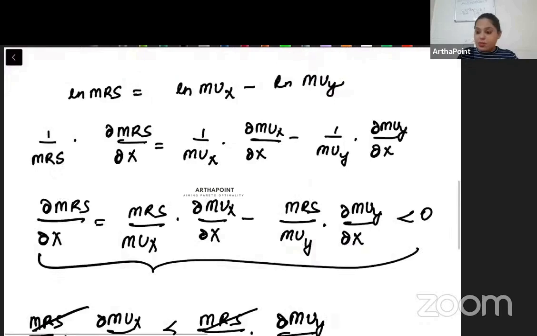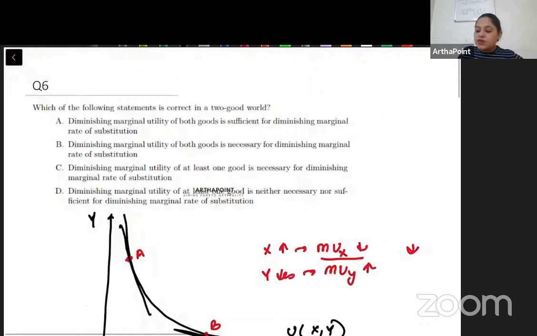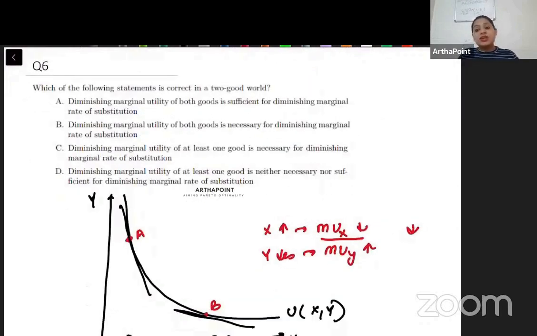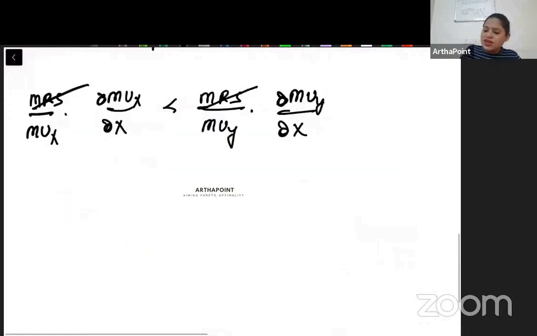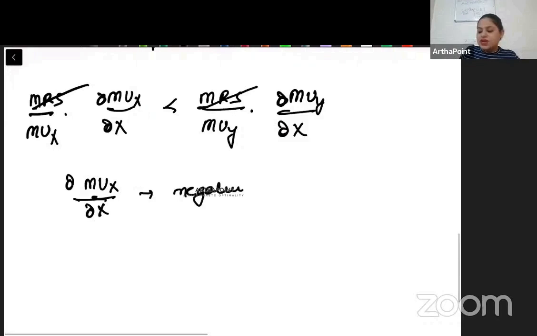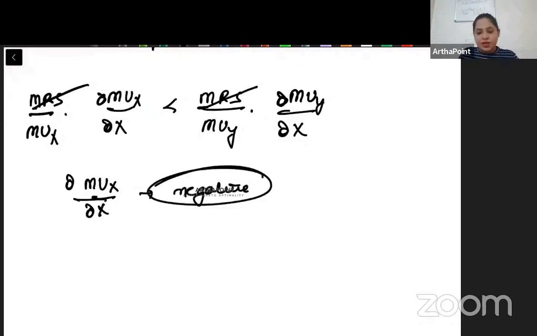Now if I compare it back, marginal utility is diminishing means I understand that del MUX by del x is negative. But just it being negative does not resolve this problem, right?